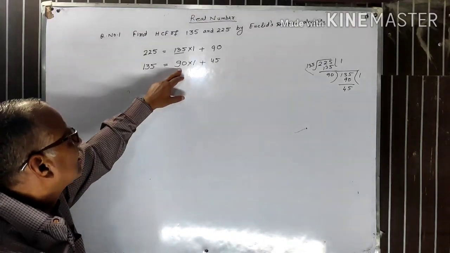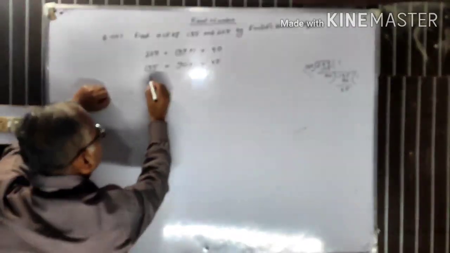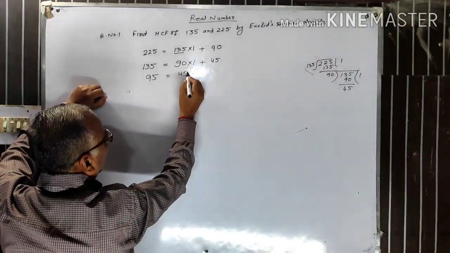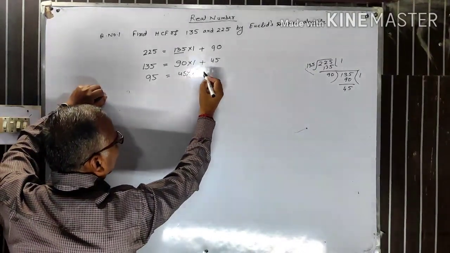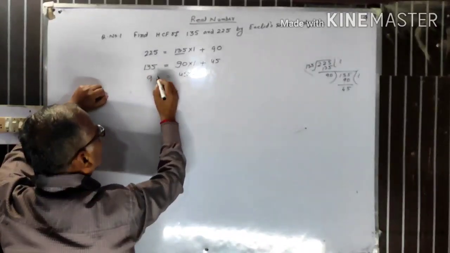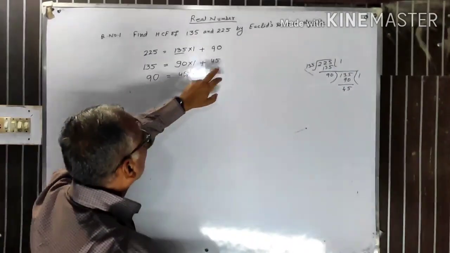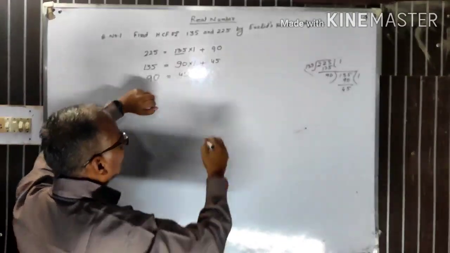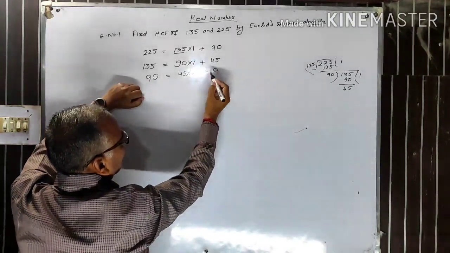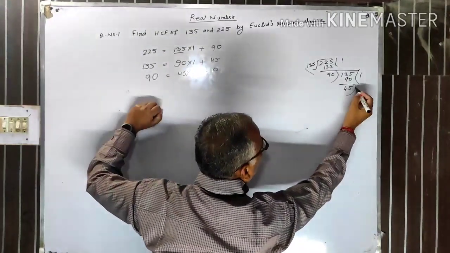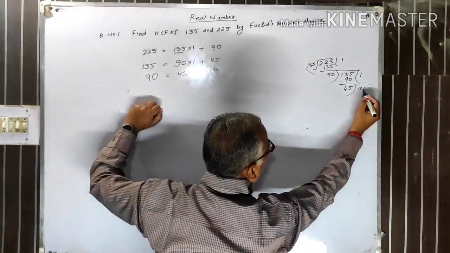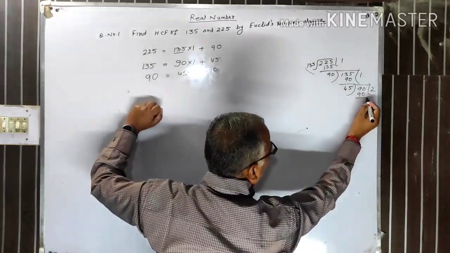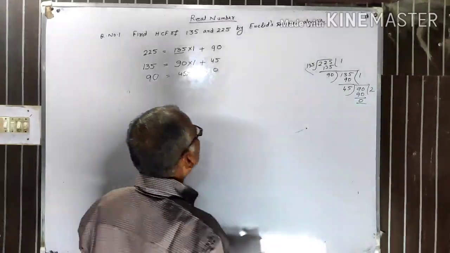Now you divide this 90 by 45. 90 is equal to 45 into 2, so the quotient will be 2 and the remainder will be 0.